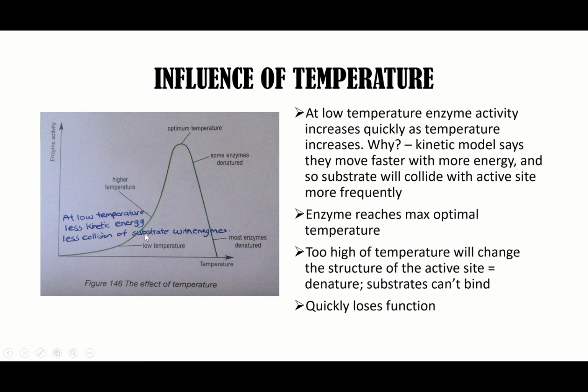And of course, like everything, it has an optimum temperature. When it's over that temperature, the enzyme starts to lose some of its activity because some enzymes will denature. Denature means the losing of specificity. When you heat up an enzyme to a temperature too high, it will cause the bonds in that enzyme to break.